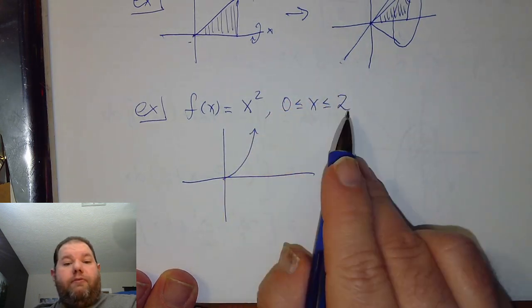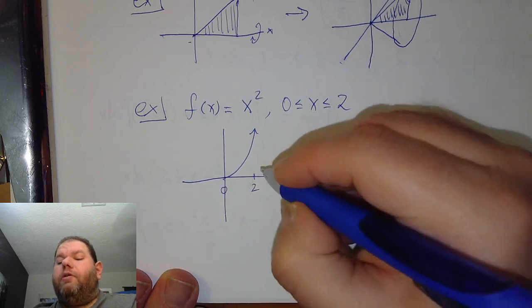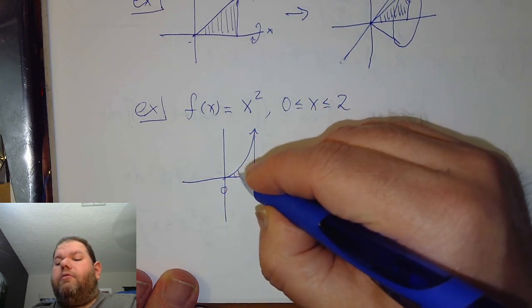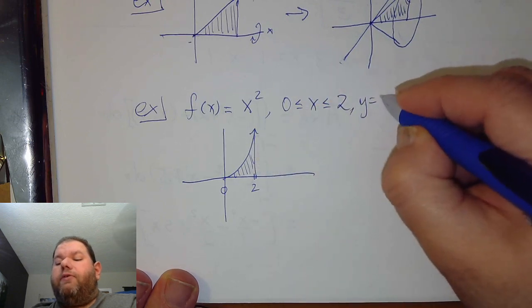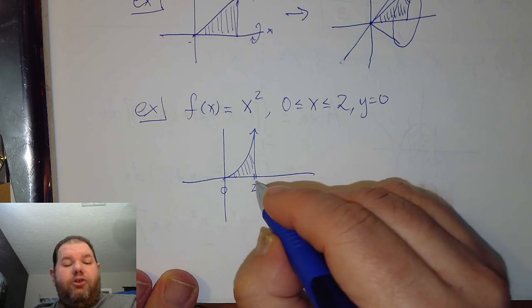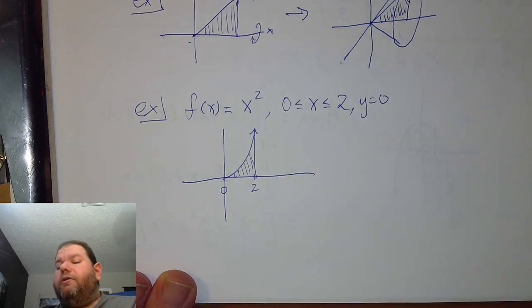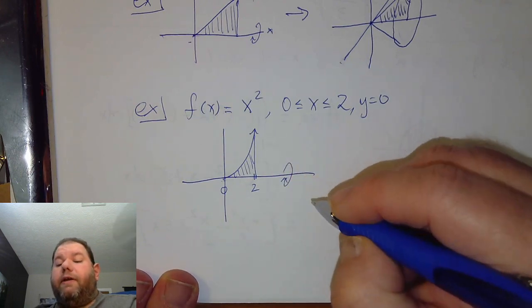We only need to worry about the right half because we're only going from 0 to 2. Normally we would also say y equals 0 is a boundary here so that we can enclose the shaded region completely, and we want to revolve that around the x-axis.